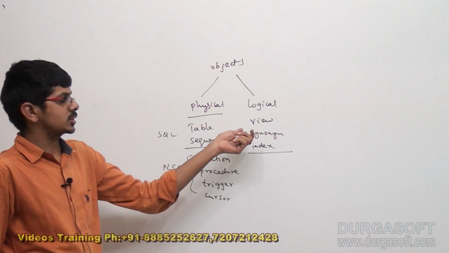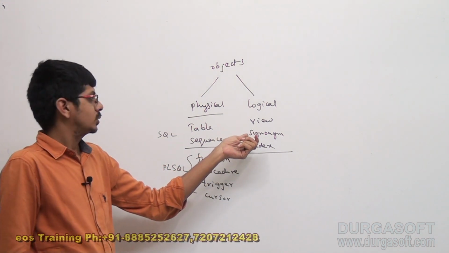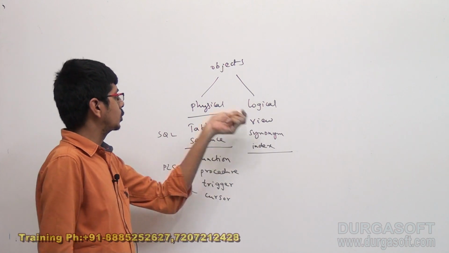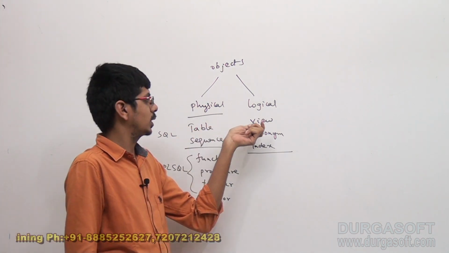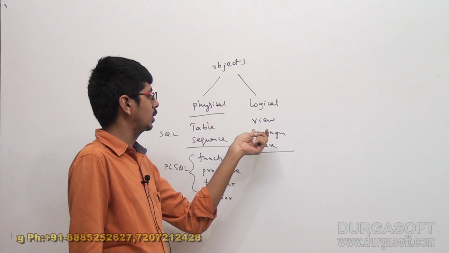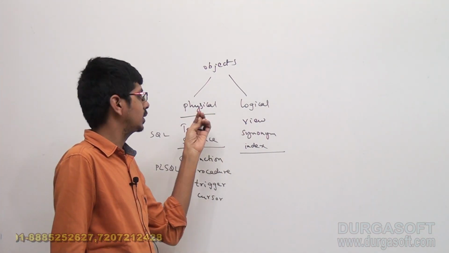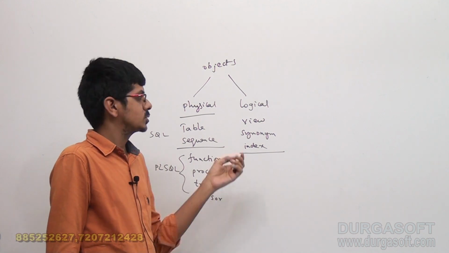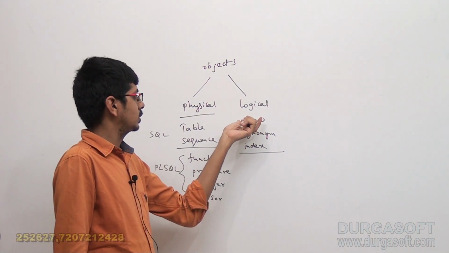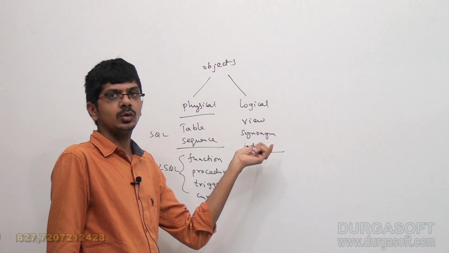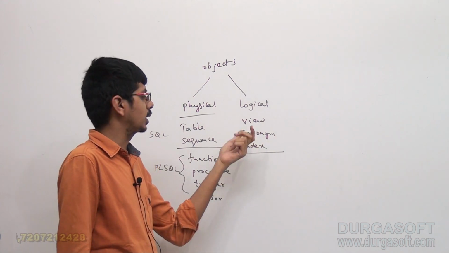So these logical objects will not take any memory, so it will link to a physical object. Any logical object will take a link to a physical object to get the data from a physical object. So this is an object which is not going to take any memory.